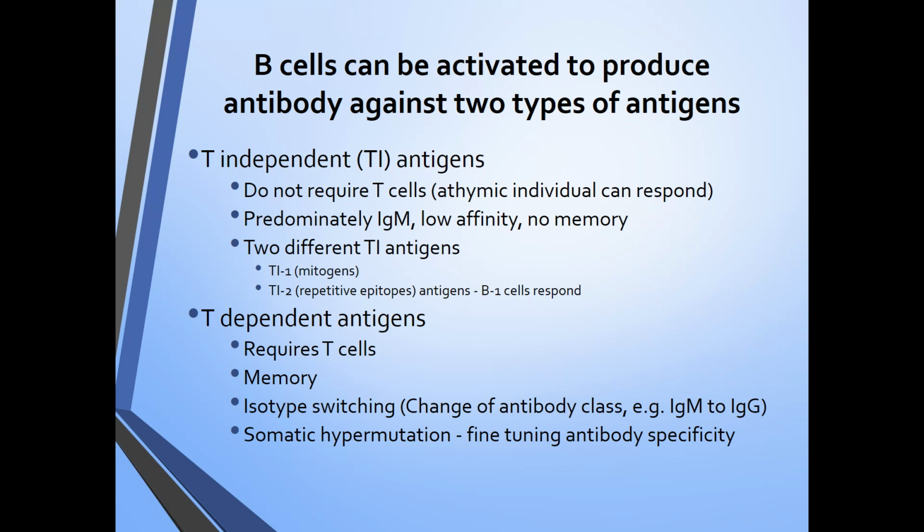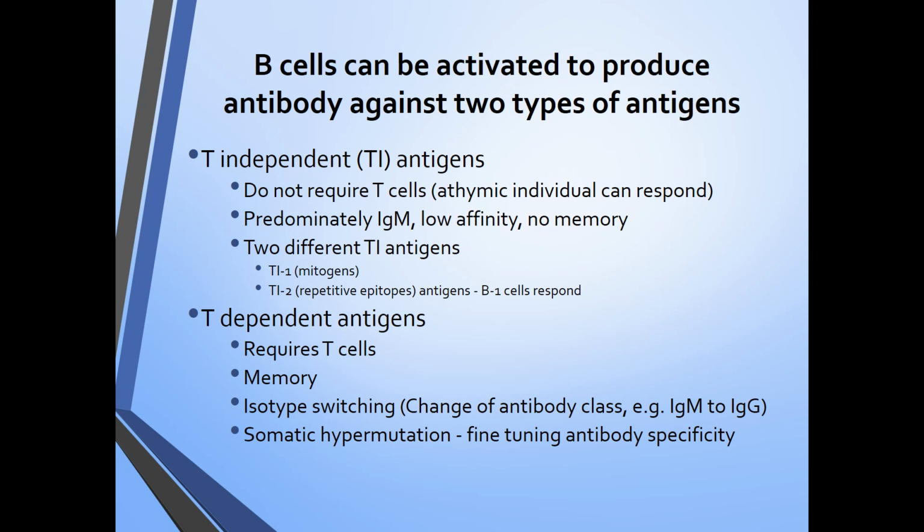And you can break those down into 2 different T-independent antigens, the TI1 antigens and TI2. The TI1s are also known as mitogens, or polyclonal activators. That means that at high concentrations, they can stimulate B cells to be activated irrespective of the specificity of that B cell.